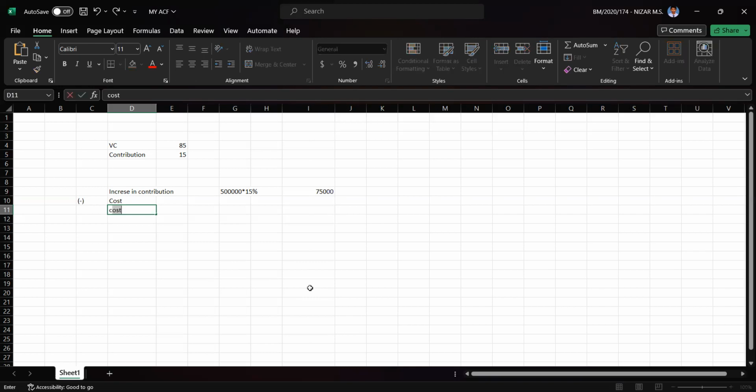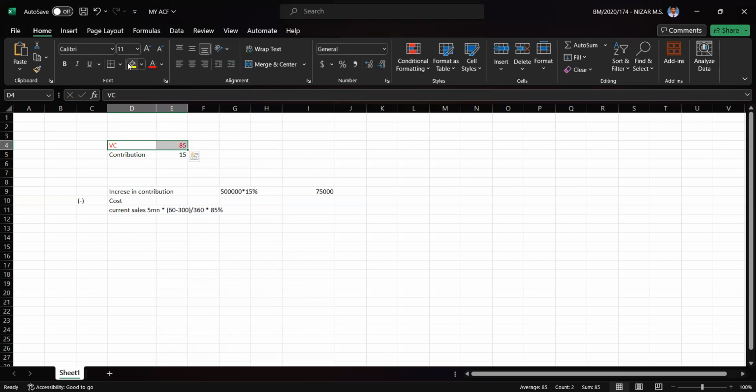Based on the current sales of 5 million, we lock our money for 30 additional days, which is 30 divided by 360, assuming 360 days per year. But we lock only 85%, because we incur only the variable cost of 85%. Variable cost is our cost.